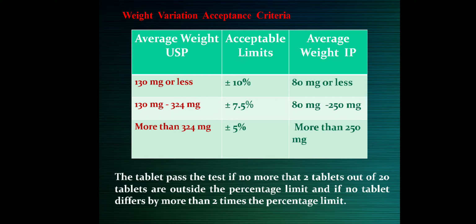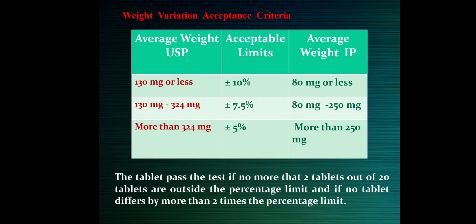For USP, if the average weight of the tablet is 130 mg or less, the acceptable limit is plus minus 10%. If the tablet weight is 130 mg to 324 mg, the acceptable limit is plus minus 7.5%. And when the tablet weight is more than 324 mg, the acceptable limit is plus minus 5%.